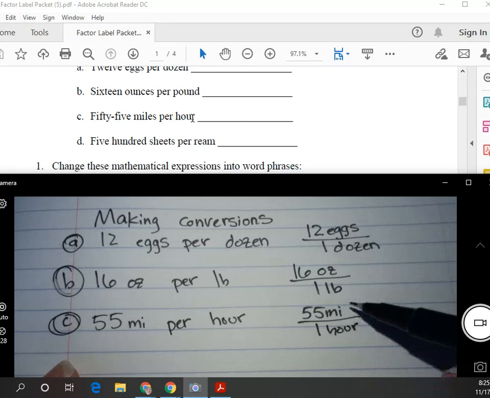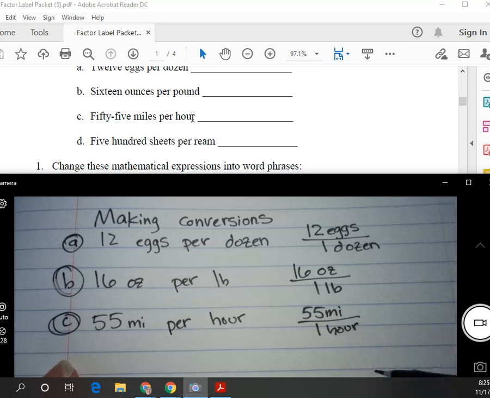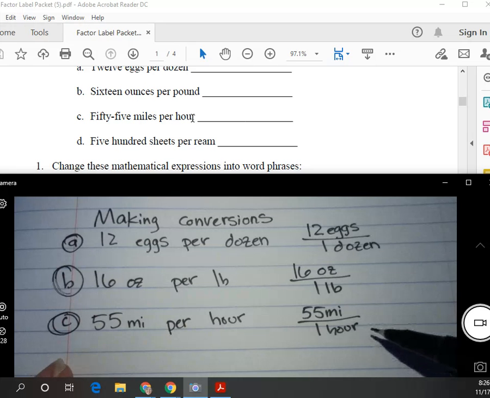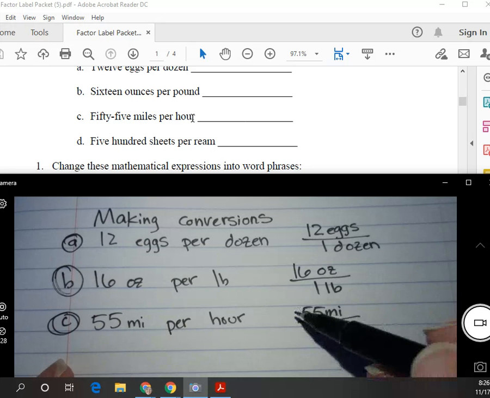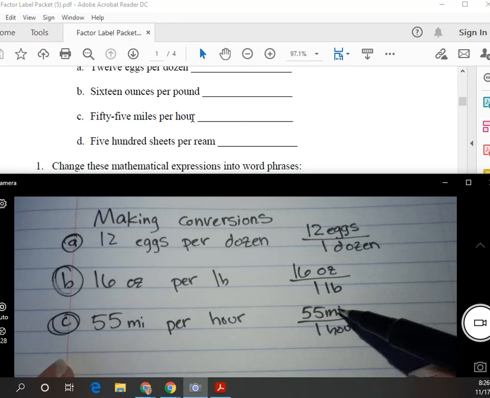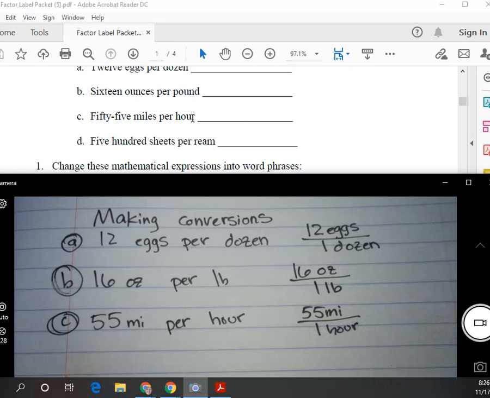And that means in 1 hour I can drive 55 miles. But am I always going to drive for an entire hour when I'm going 55? No. I'm not always going to drive 55 miles. It's just the rate at which I'm going. So that's an important thing when we're thinking about these conversions too.